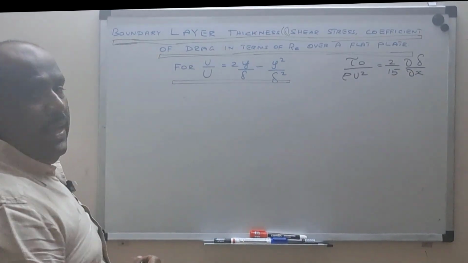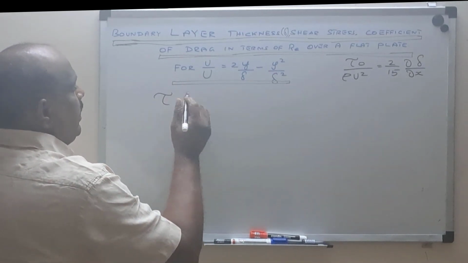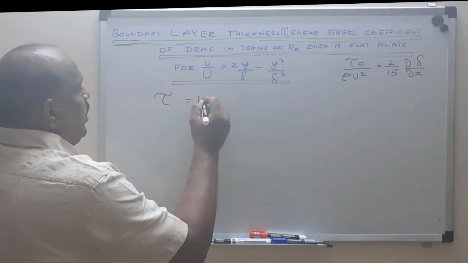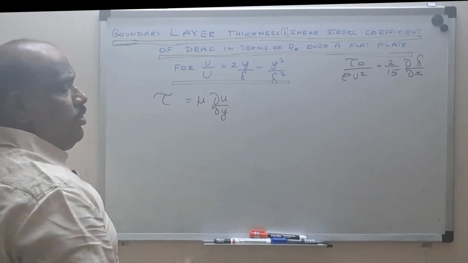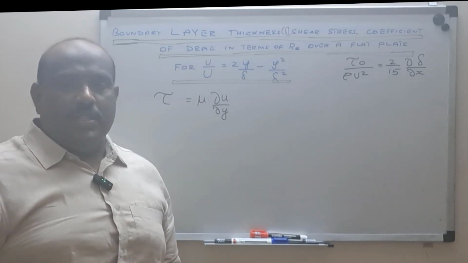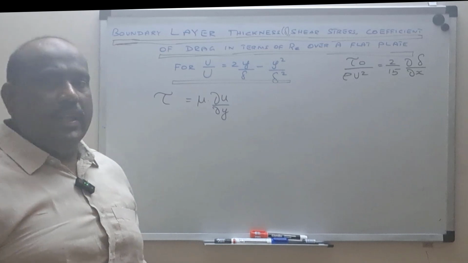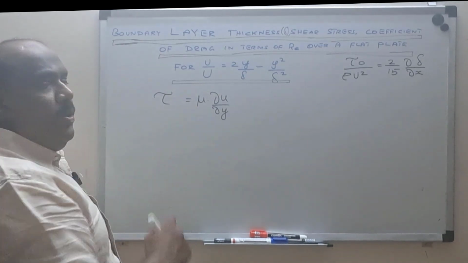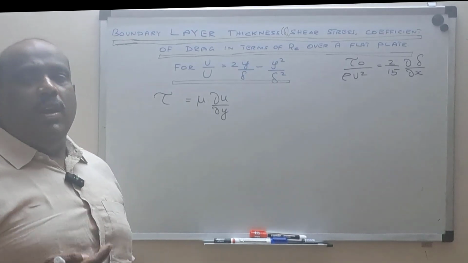As well, we know the general formula for the shear stress, which is given by tau equal to mu into dou u by dou y. This is for any fluid which obeys the Newtonian law of viscosity. So the corresponding fluid will be called what? Newtonian fluid. Okay, that's fine. So we got tau equal to mu into dou u by dou y. We want the shear stress at the wall, near to the wall.